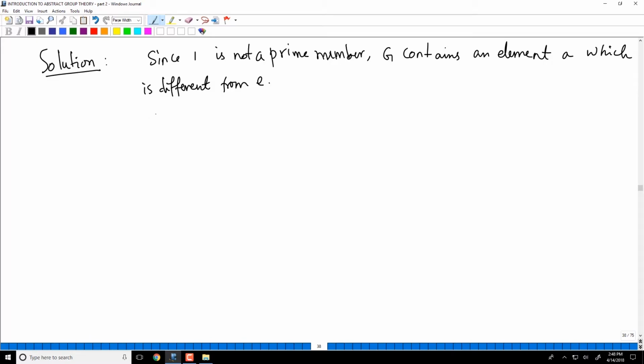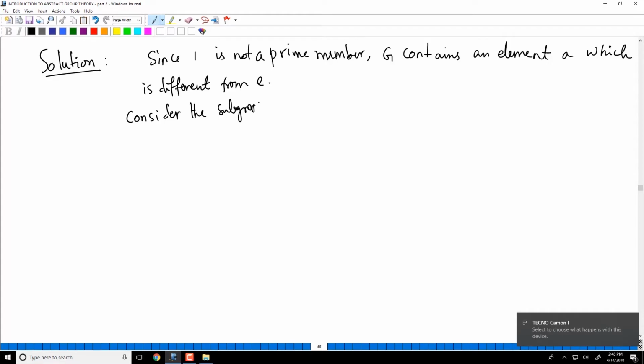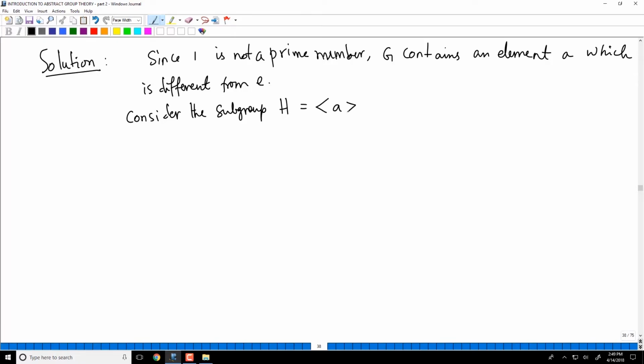So now consider the subgroup H generated by A. So remember, H is all elements of this form, E, A, A squared and so on.